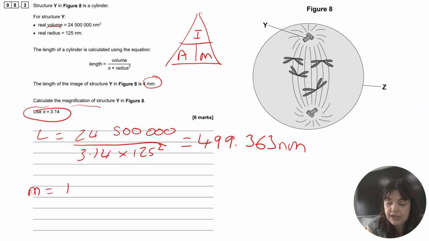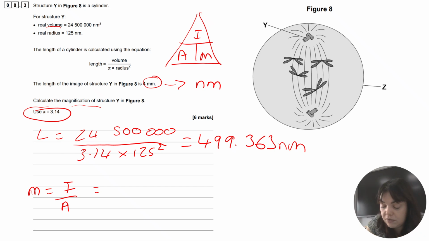Magnification is image over actual. My actual is 499 nanometers, but my image length is in millimeters, so that needs converting into nanometers. There are 1,000 micrometers in a millimeter, and 1,000 nanometers in a micrometer. So 4 times 1,000 gives us 4,000, and then times 1,000 again gives us 4 million.